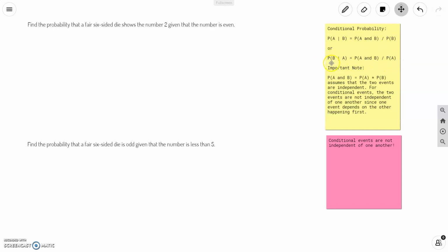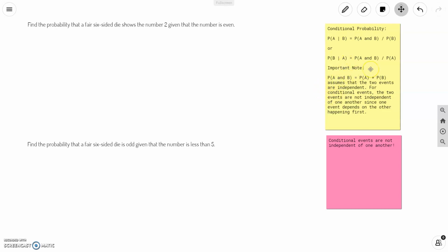So the probability of event B happening given that A already occurred, that's the same as the probability of the intersection over P of A. So in this case, we use P of A in the denominator because A is our given event now.